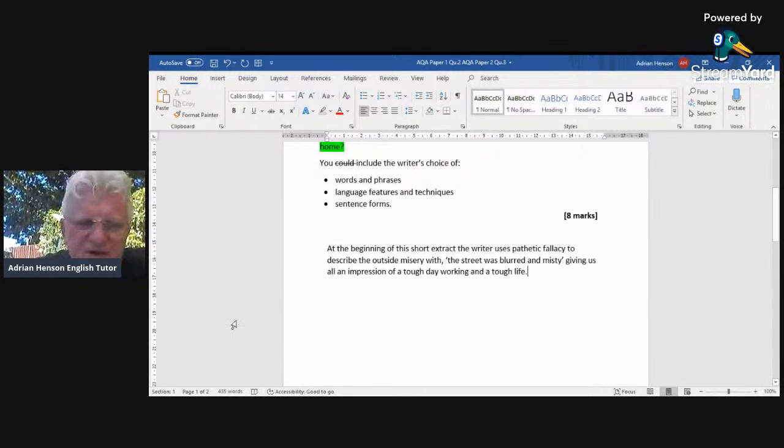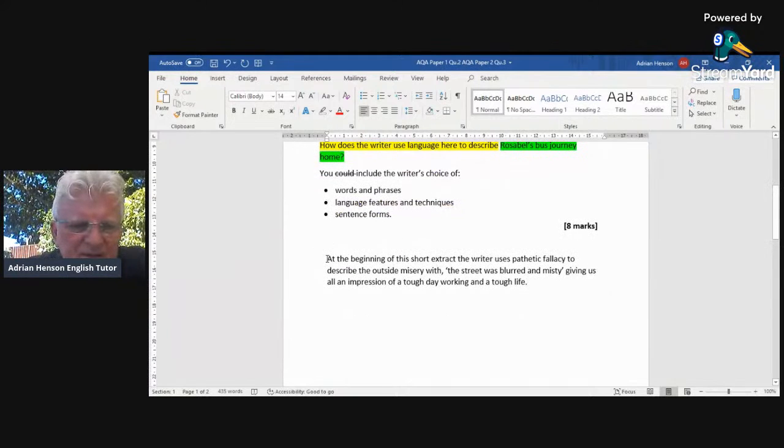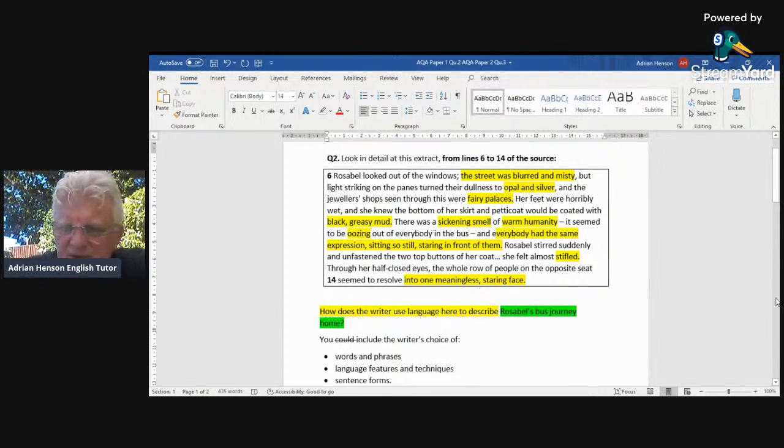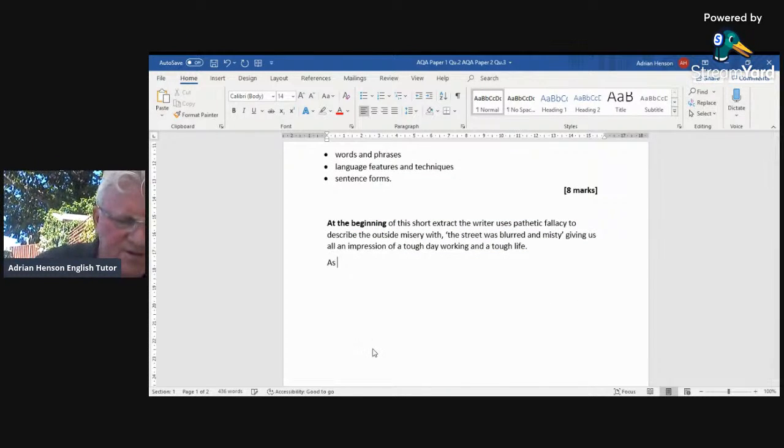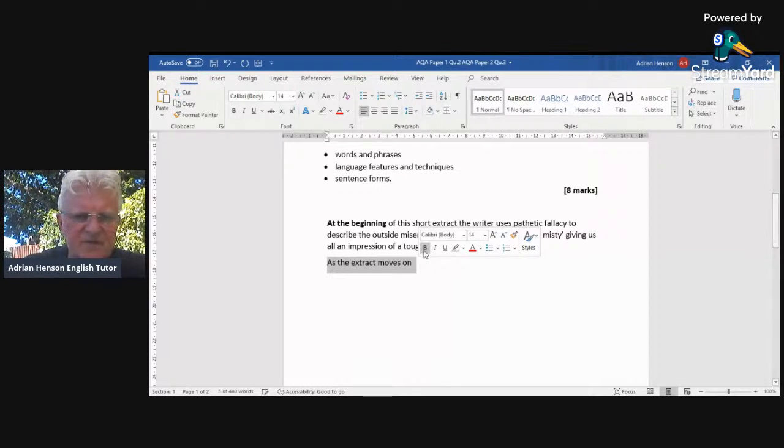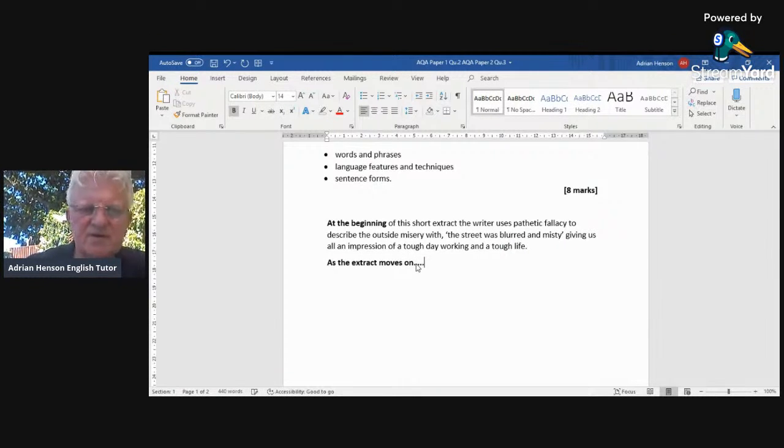Now, what you want to do is keep structuring your question. So we said it this one at the beginning. The next one we could do is, so as the extract moves on. So now we've got another little way of developing the next one, and then you could put furthermore.